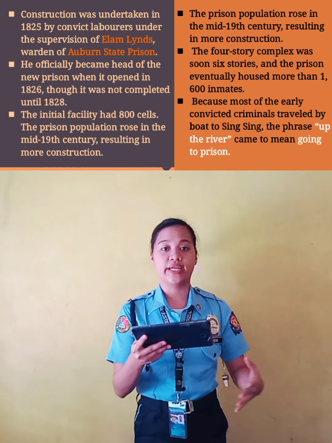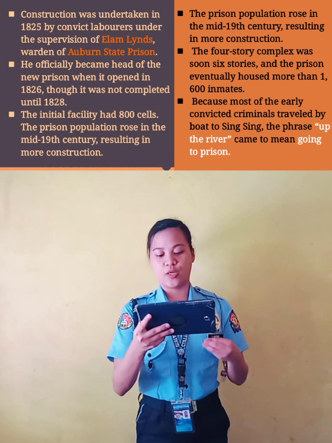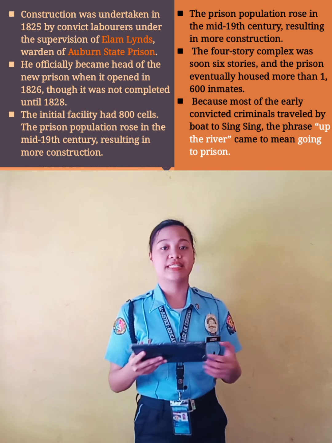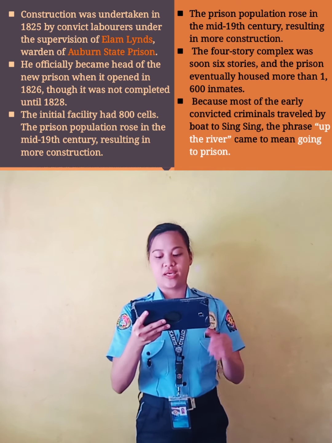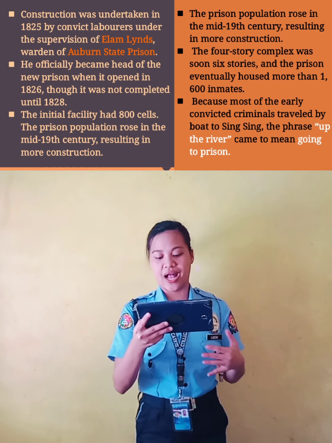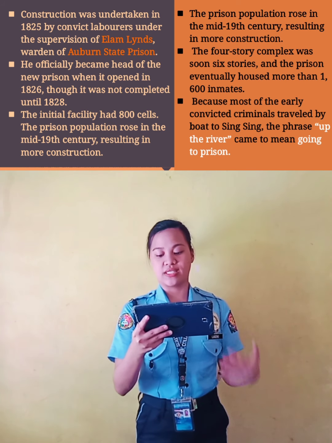The 4-story complex soon became 6 stories, and the prison eventually housed more than 1,600 inmates, because most of the early convicted criminals traveled by boat to Sing Sing.